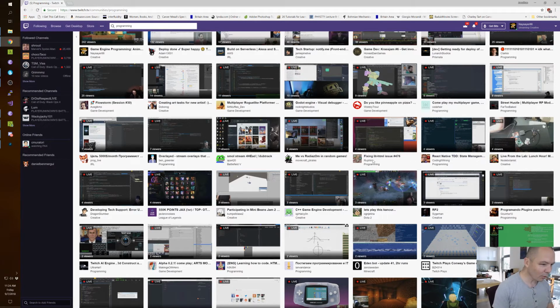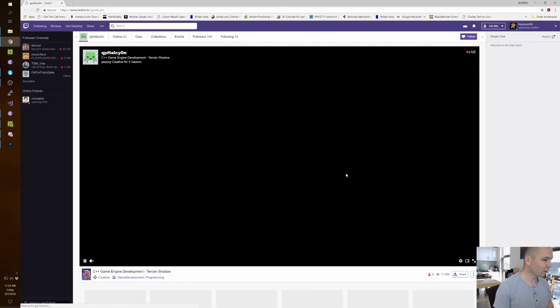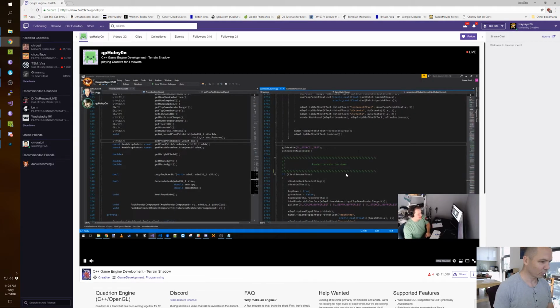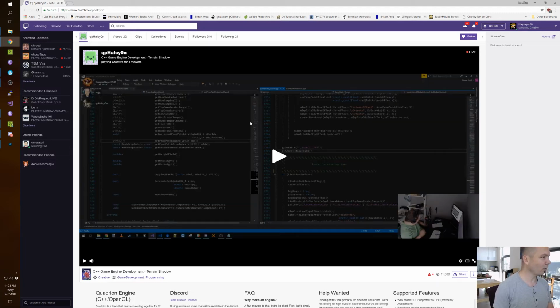That's 2 instant no's at the same time. C++ game engine development. I mean, I know how to use Git reasonably well, but I definitely don't know. Oh, he's doing GL stuff. Let's try this.